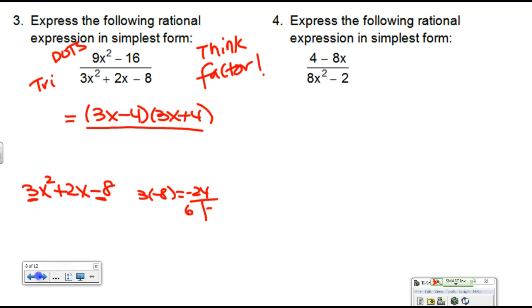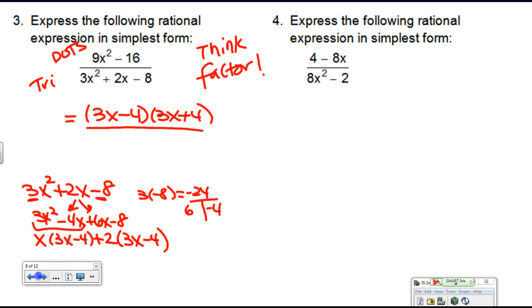It's going to be 6 and negative 4. So my common group is 3x minus 4 and x plus 2. All right, the 3x minus 4 terms cancel, and your final answer is 3x plus 4 over x plus 2.